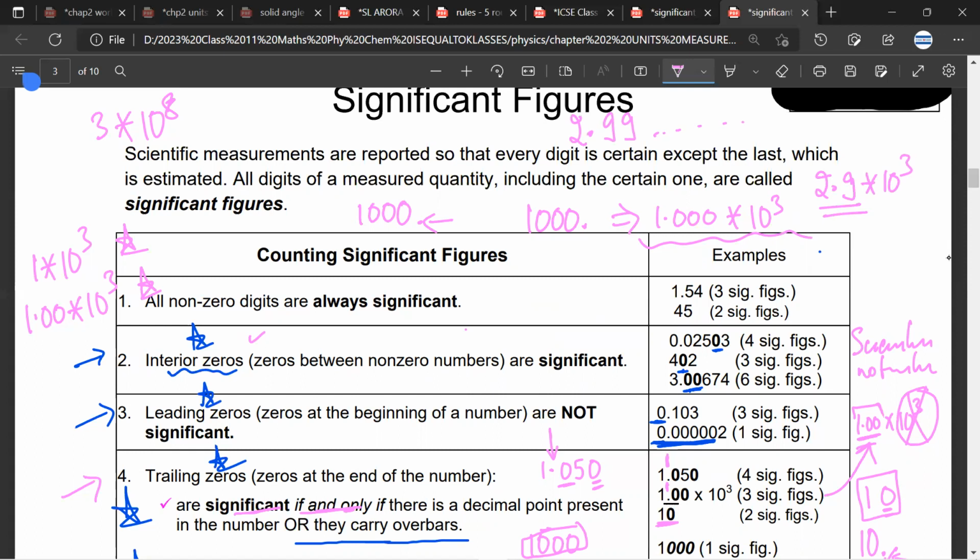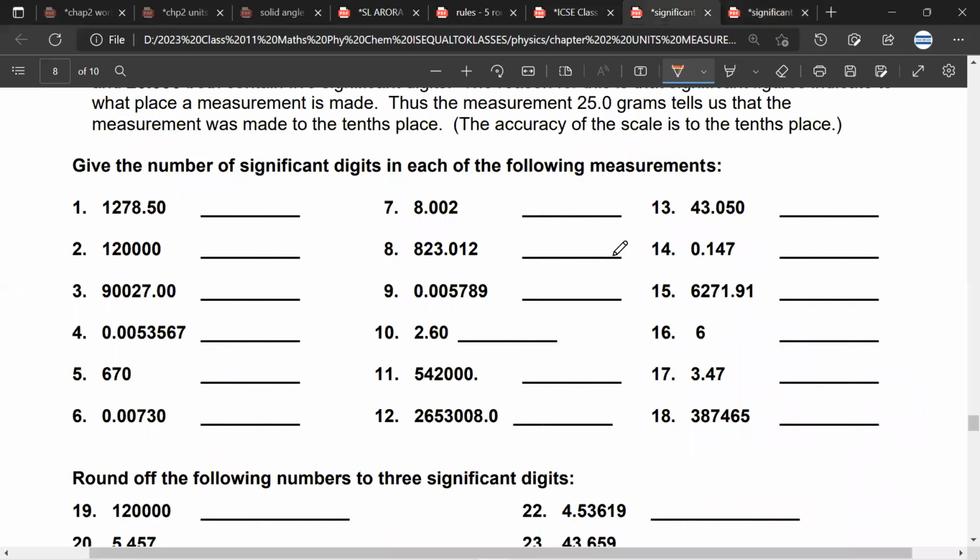In practical work this becomes very important, because when you say 3 into 10 raised to power 8, you know that there is a lot of approximation. But when you write something like 2.976432, you know that precision is there. Are we clear, Avantika? Yeah. That is why this becomes very important, especially from a practical lab point of view. Are we clear, Avantika? Yeah.